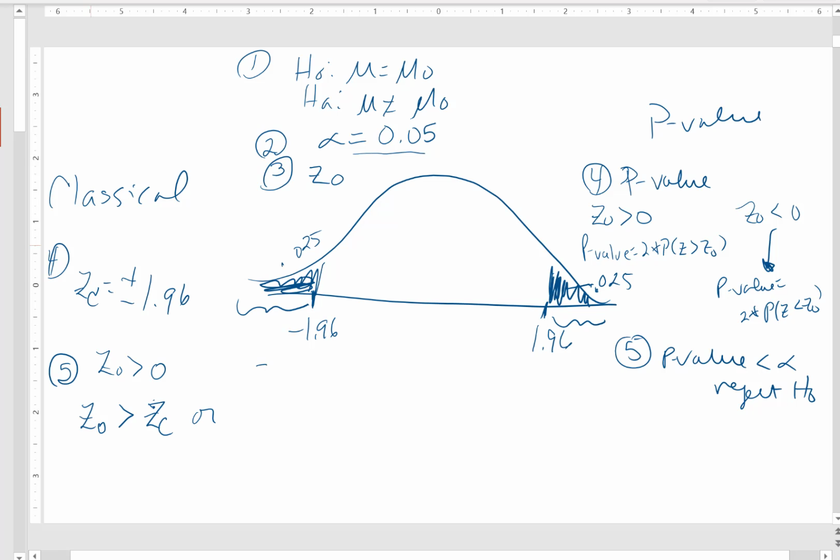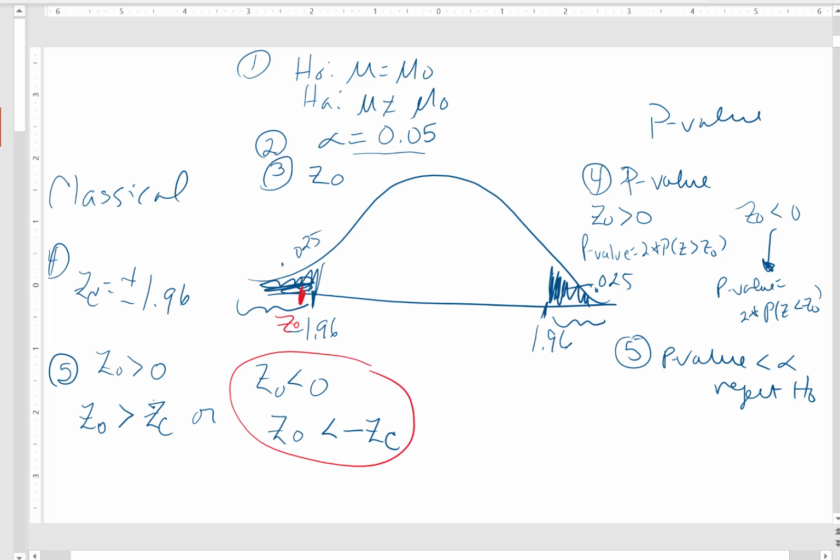Or if my test statistic is negative, then I have to see if my test statistic is less than that negative critical value, because now you're going to have 2 critical values. So if my test statistic had been, let's say, my test statistic were here, Z naught, then I would have gone to this one and I would have seen if Z naught was less than negative 1.96, and I would reject the null hypothesis.